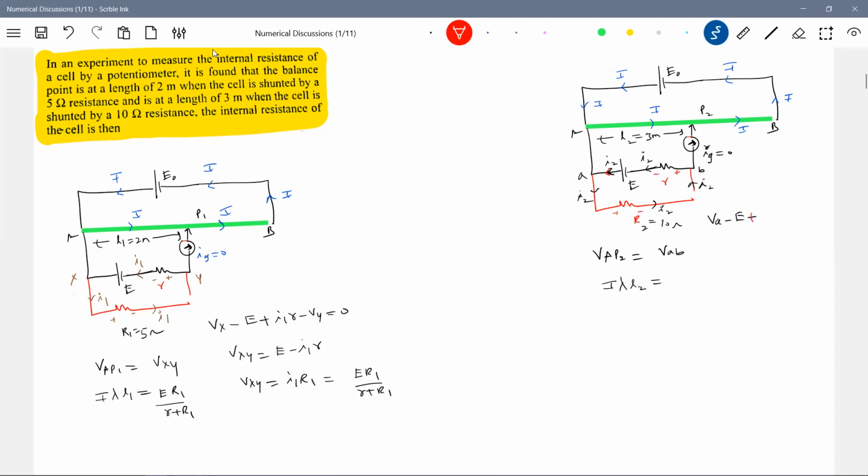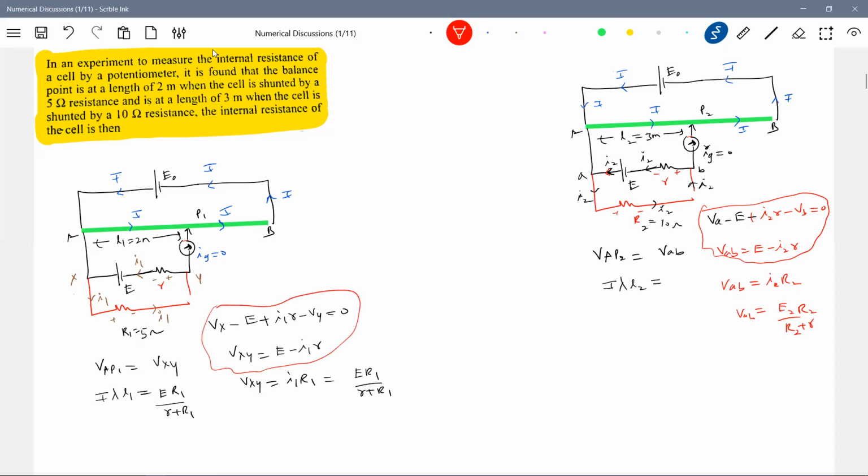Now VA plus I2 r minus VB equals 0, so VAB equal to E minus I2 r. And in turn, VAB is equal to I2 into R2. This equation may not be needed. Just for your convenience, I brought it, just applying KVL, KCL.